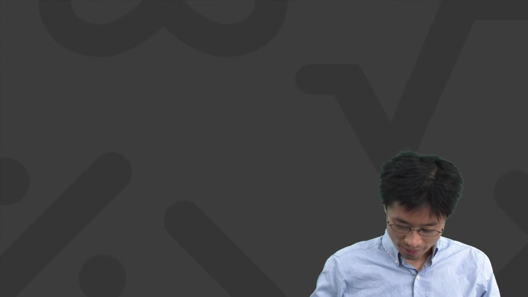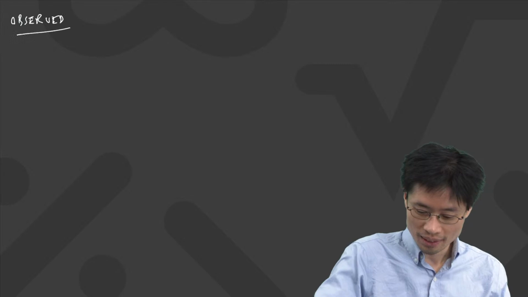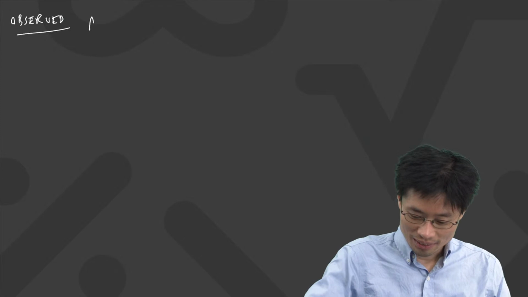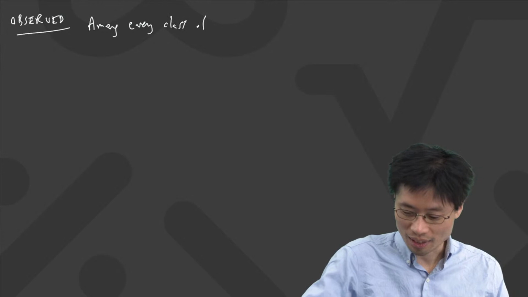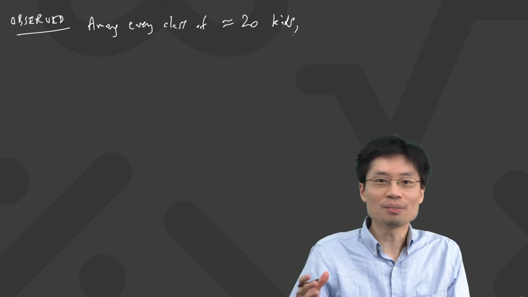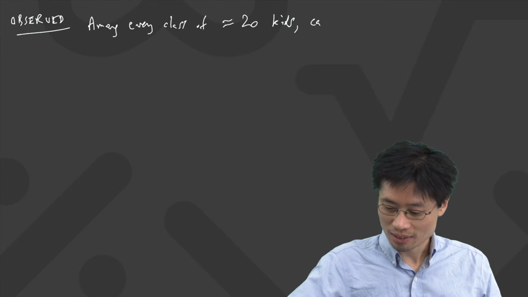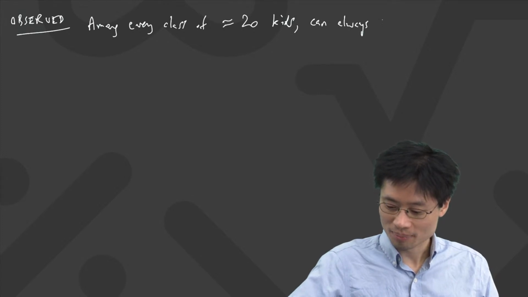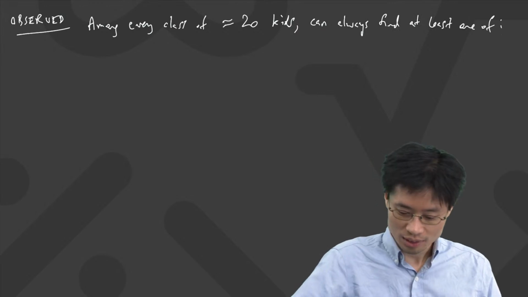And so this sociologist observed that if you go and look at any classroom of about 20 kids, somehow you're always able to find, at least one of two options.